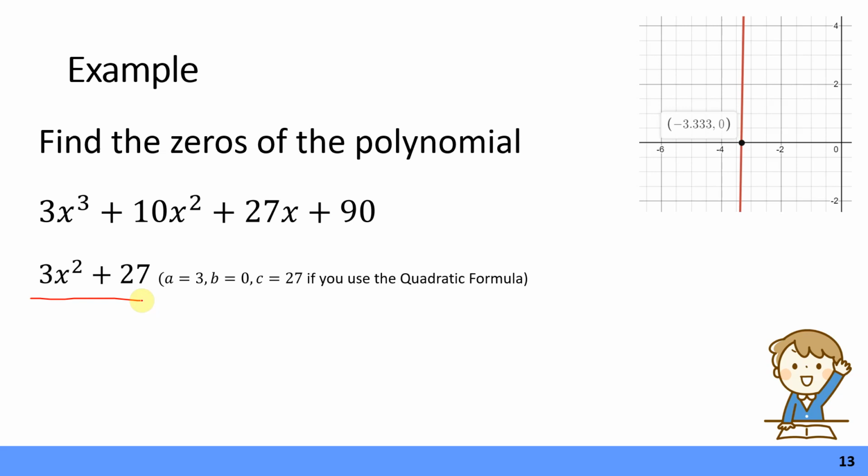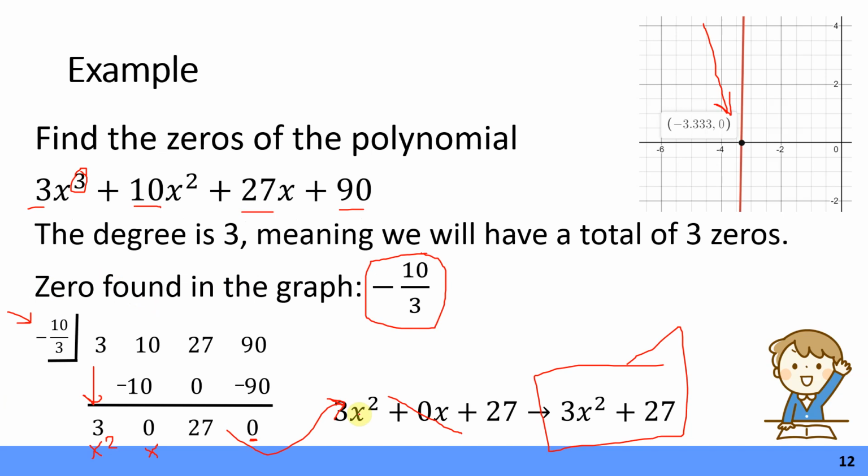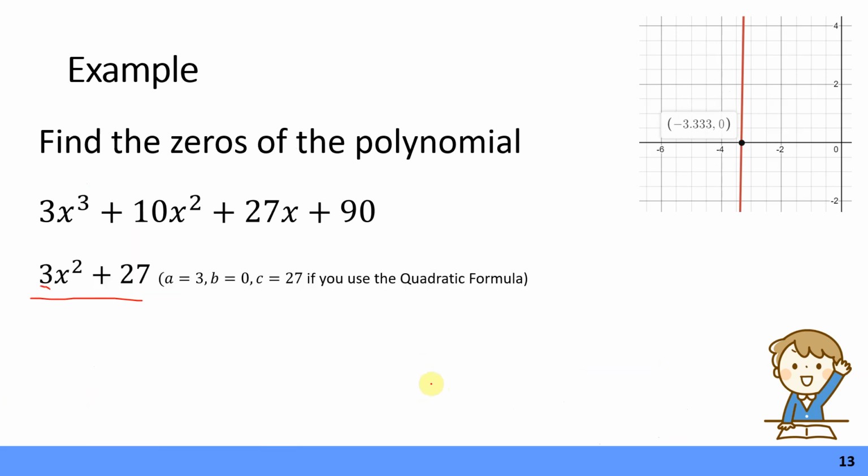The quadratic formula is going to give you your 2 answers. So your A value is going to be 3. Your B value is going to be 0. Let me just go back, right? Because of this right here, this is your B, which I didn't write down, right? But that's going to be your B. And then the 27 is going to be your C.